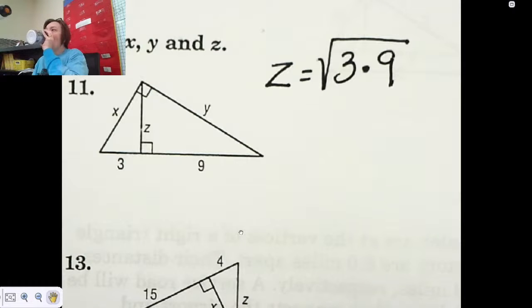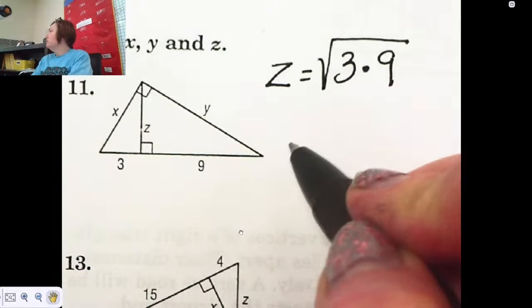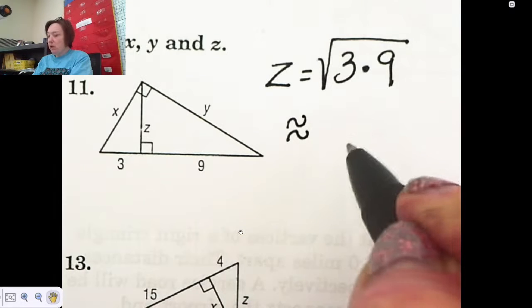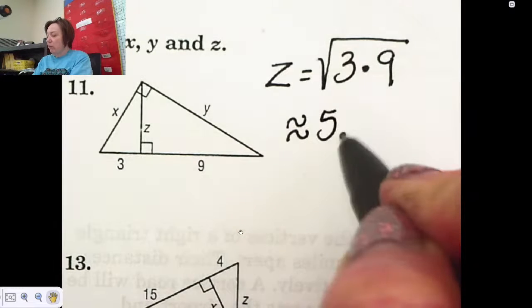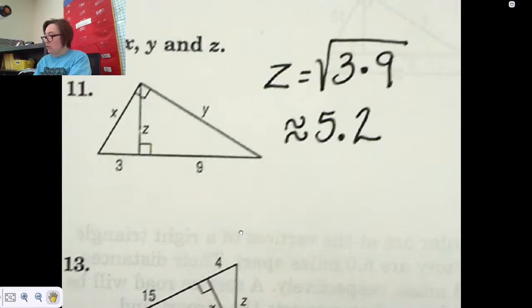What'd you get? Let's go to the nearest 10th today. So our approximate answer is 5.2. That's to find Z. Right? All right, let's look at 12.